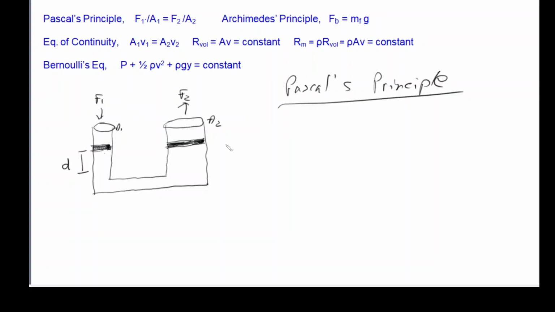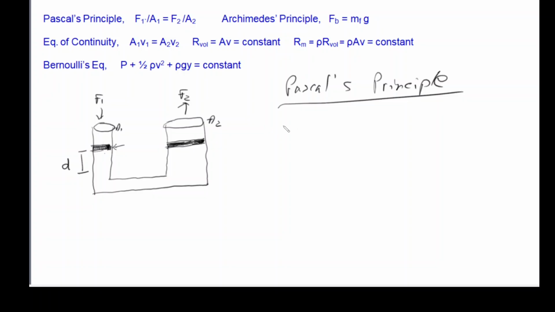So here you can see we have force 1 pushing down on this tube, and there's a fluid level and volume of fluid here. That force is transmitted equally throughout the tube and comes up on the other side where there's a larger area, and that's pushing up with a force F2.